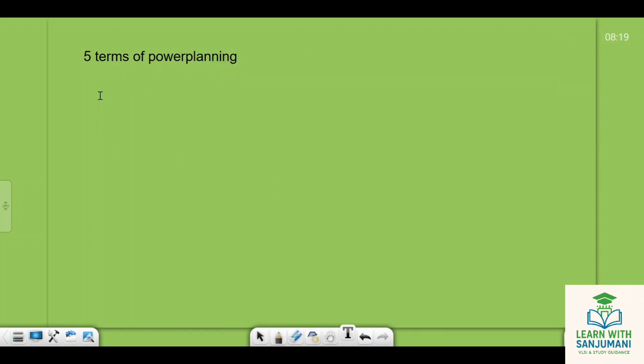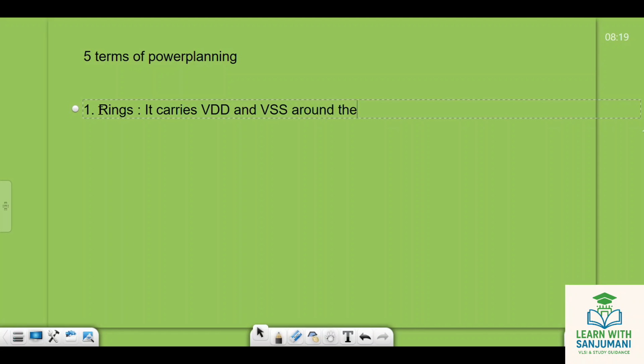The first one is rings. What is meant by rings? It carries VDD and VSS around the chip. We know the power and ground, right? That is nothing but VDD and VSS. So these rings carry the VDD and VSS around the chip. I want every macro and every standard cell to be provided power, right?